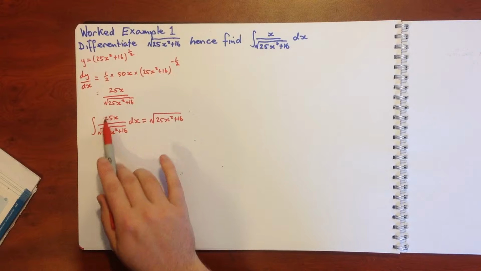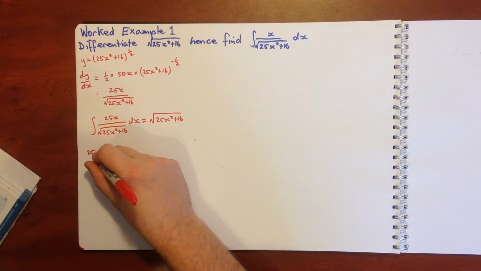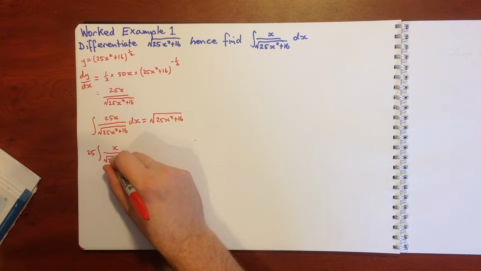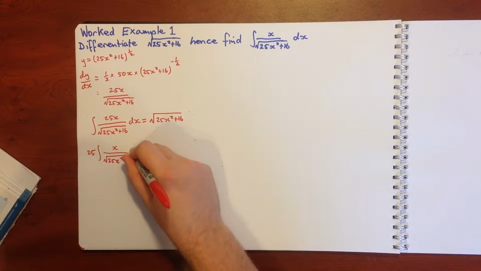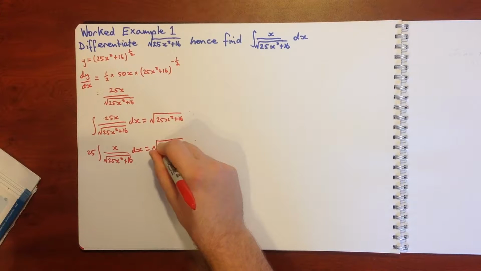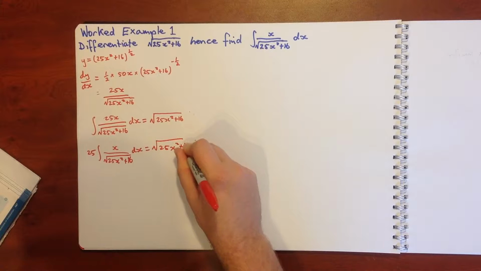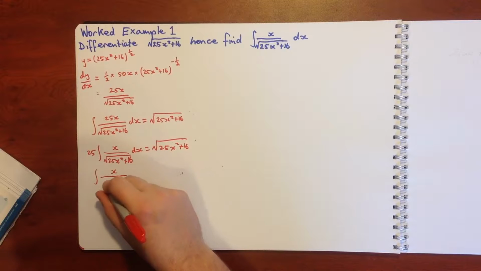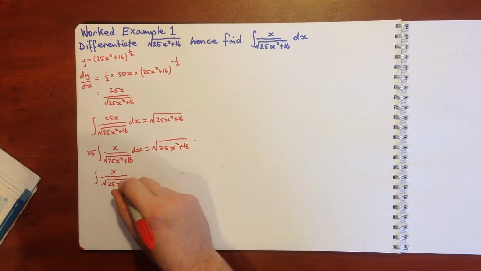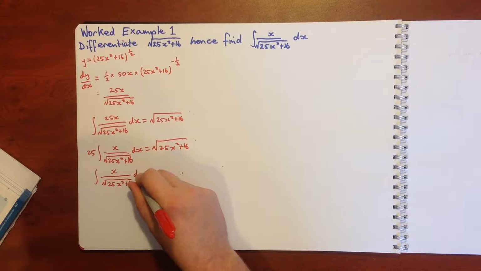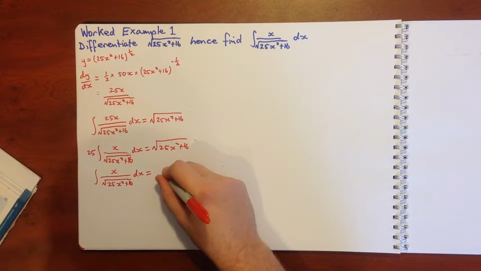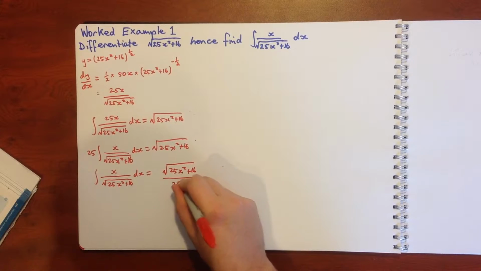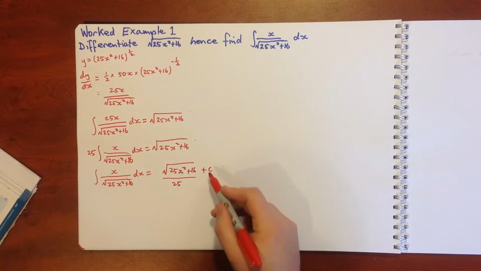So we take out the 25, because it's a constant. The integral of x over the square root of 25x squared plus 16 with respect to x still equals the square root of 25x squared plus 16. We can divide by 25, so the integral of x over the square root of 25x squared plus 16 dx equals the square root of 25x squared plus 16 divided by 25, plus our constant of integration.